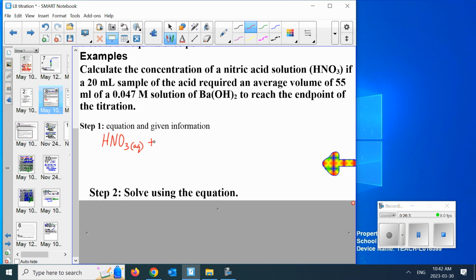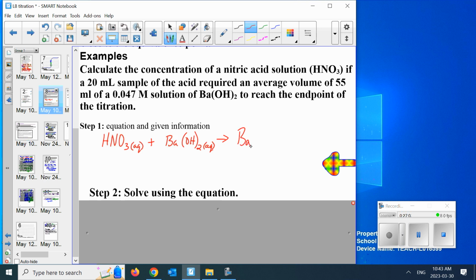Barium hydroxide, Ba(OH)2. Reacts to form. Well, we know water is going to form, so that takes care of the H and the OH. That leaves the Ba2 plus and the NO3 minus. What is the salt that's formed? Barium nitrate.